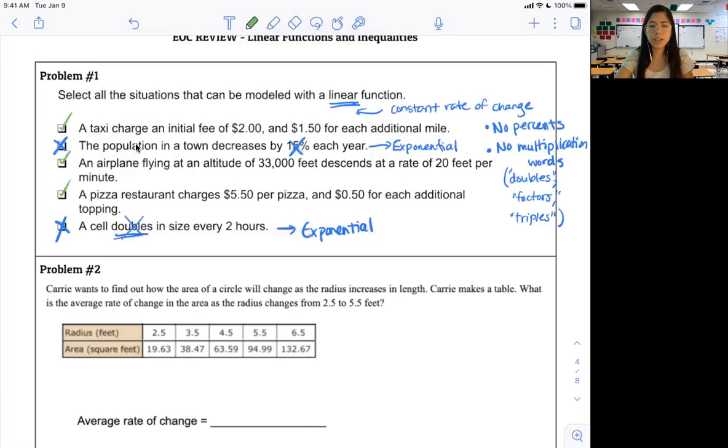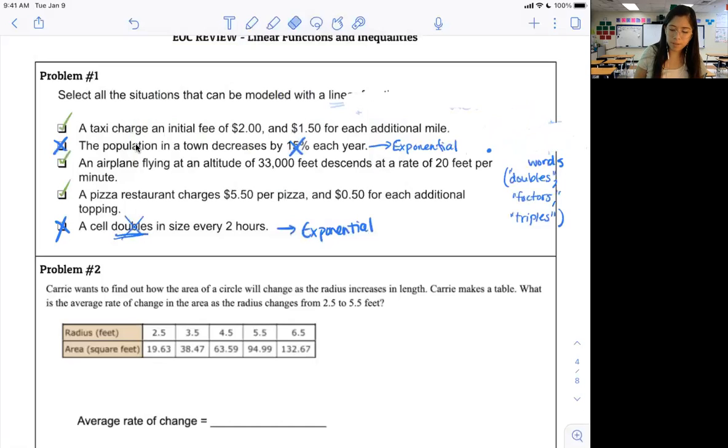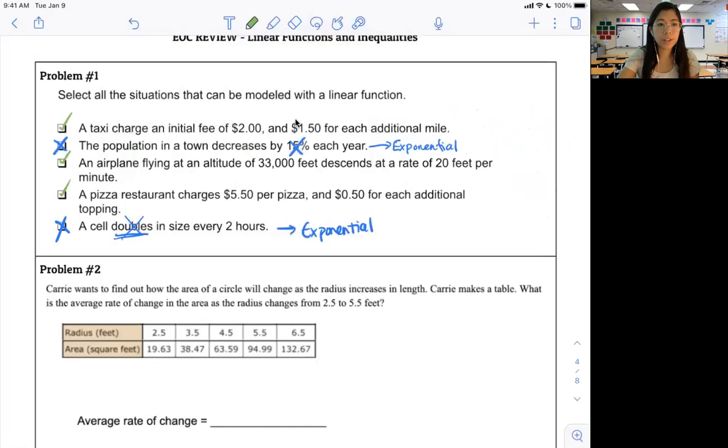Questions on number 1? Cool. Now for number 1, let's do one more little quick thing, just because I want to make sure we practice this. I'm going to write an equation for all three that are linear. Now remember what I said. The initial fee or the starting amount is your y-intercept. And then the rate of change is your slope.